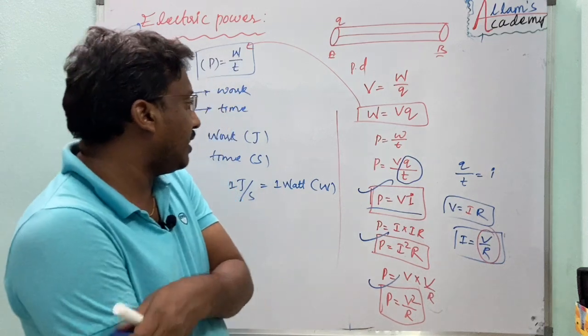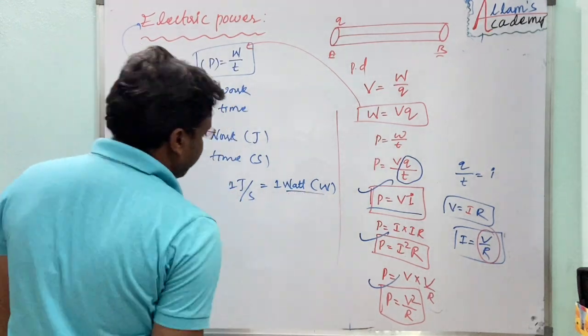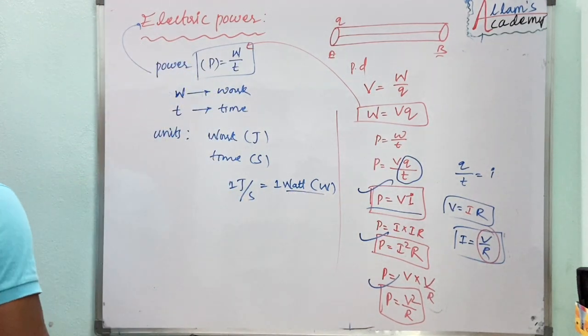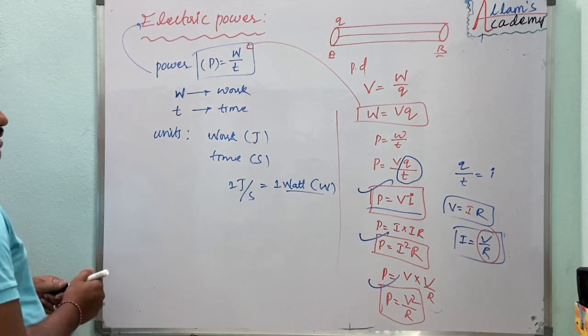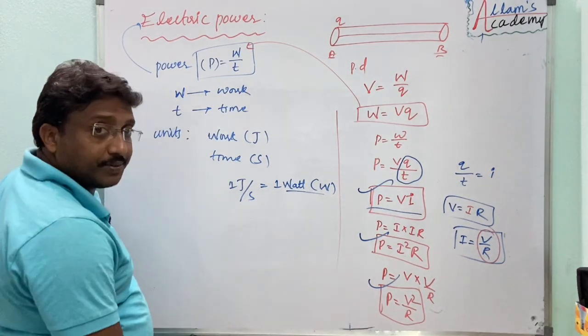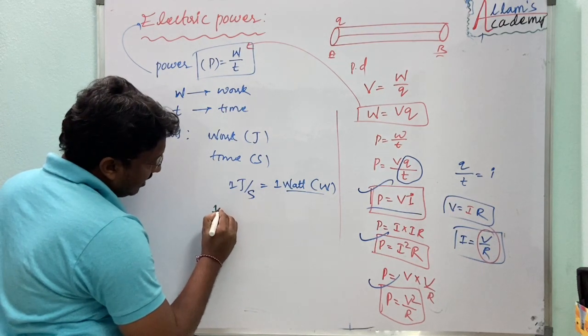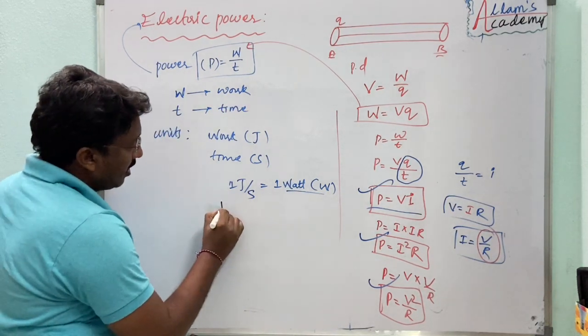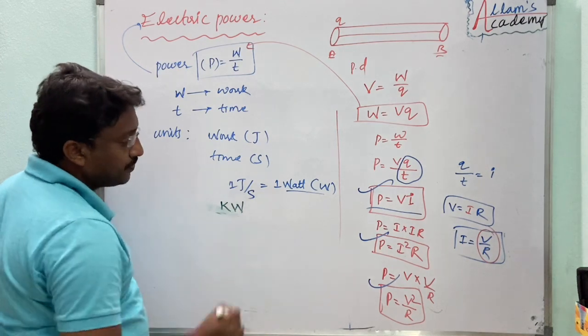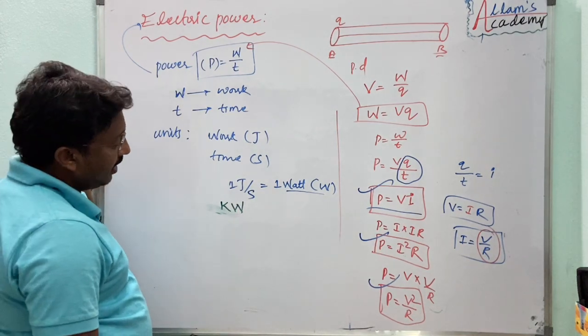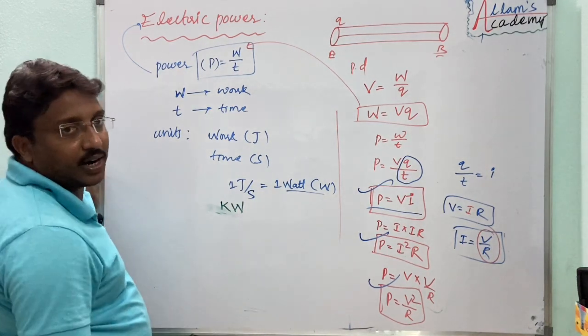So what are the units? Power unit is watt. The larger units are kilowatt, megawatt.